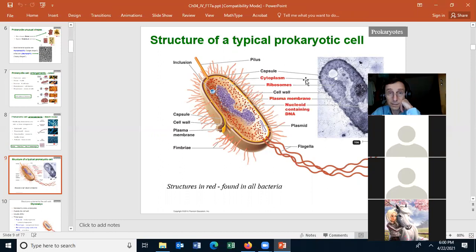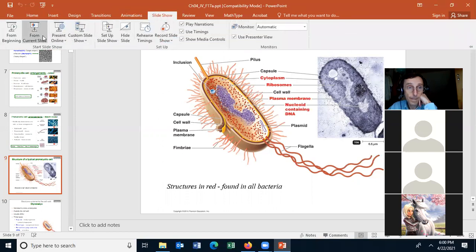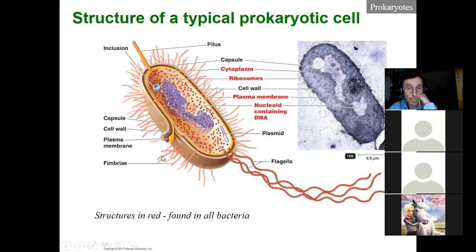Let's see if I can blow this up. So we have the plasma membrane, which is yellow here, and it's immediately after the cytoplasm, which is pink. And I don't know what that pink line is, because the cytoplasm doesn't have a line.